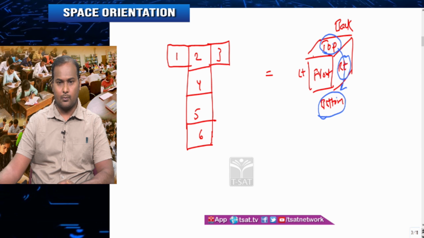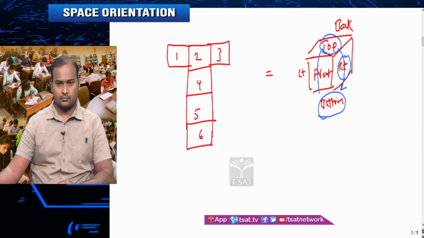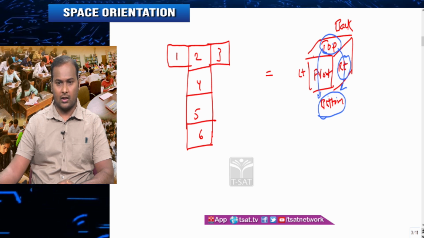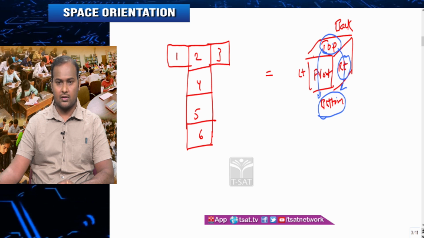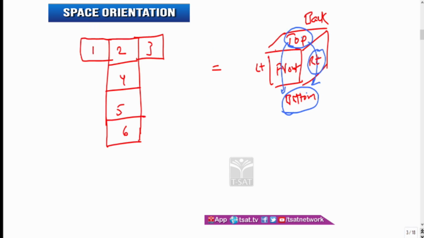If I am moving from the front, that is top, front and bottom, between the two opposite faces, top and bottom, only front is there. If I am moving from top to bottom from the left side, here also between the top and bottom I am having only the left face. So students need to remember that between two opposite faces you have only one face.